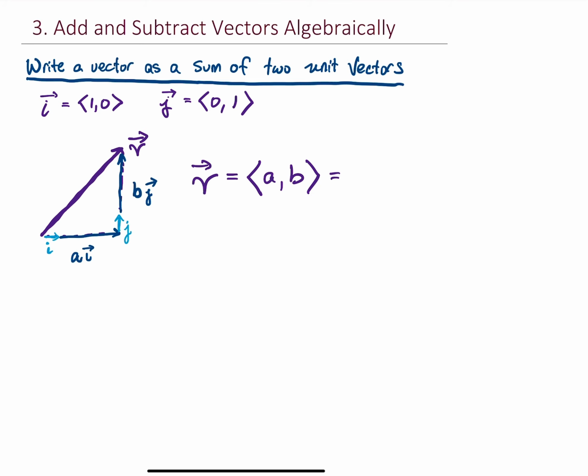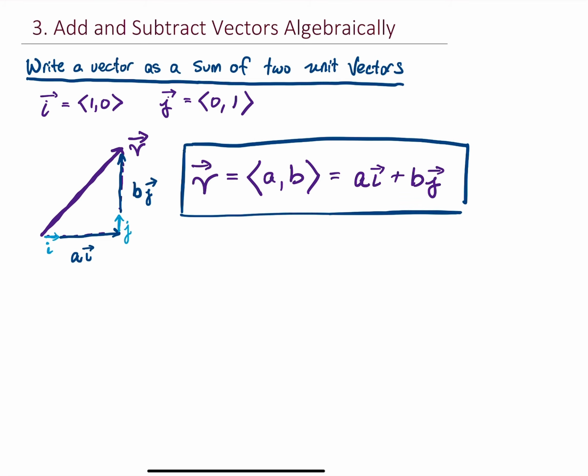But we can also describe this as a times the unit vector i plus b times the unit vector j. And so this will be helpful later on because then we could change what our unit vectors are. We can get some kind of skewing or shifting of our whole system.